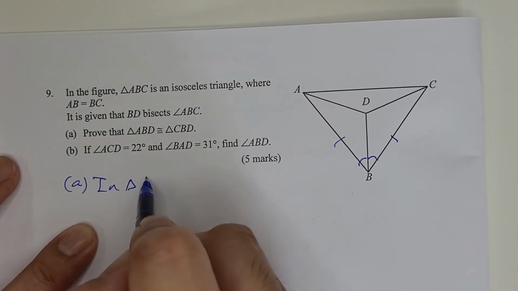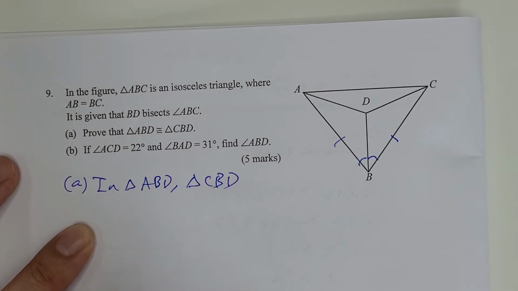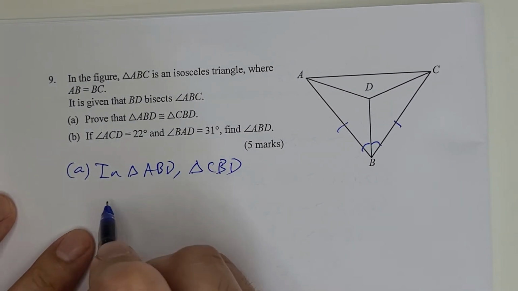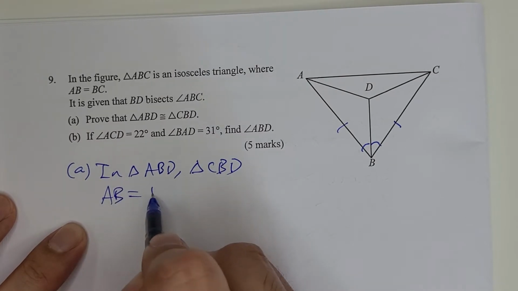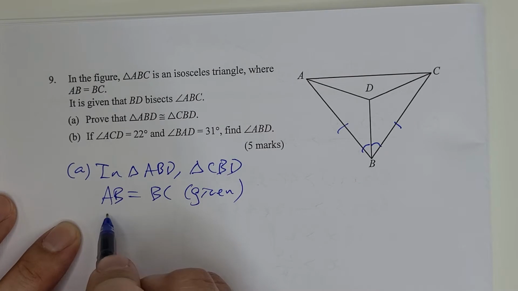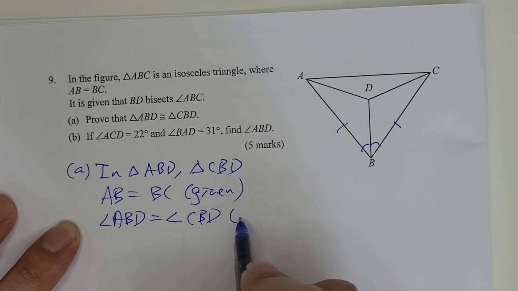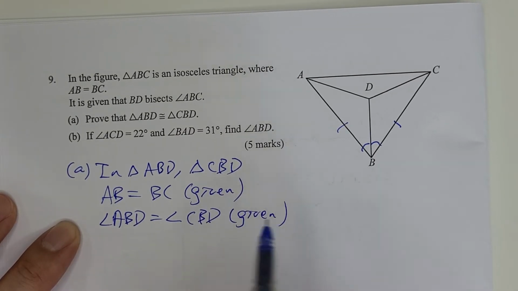In triangle ABD, triangle CBD. First one, AB equals BC, given. Second, angle ABD equals angle CBD. Again, this is given. This is an angle bisector, right?